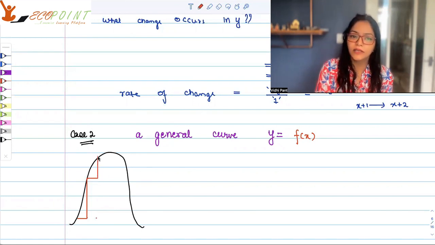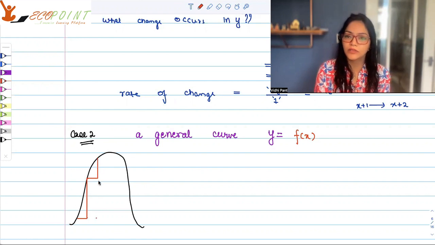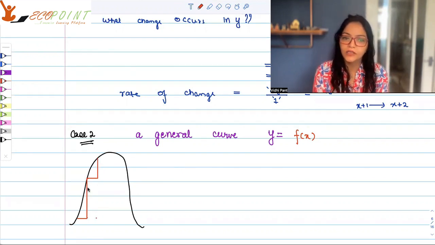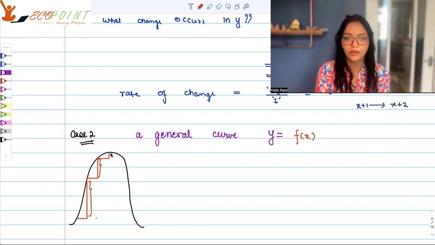This time I'm getting only this much change in y. So can you yourself see that this length and this length are quite different. In fact, it's almost like half of it. And if I go up more, take 1 unit change in x and now look at the change in y. Well, it's a very, very small change.